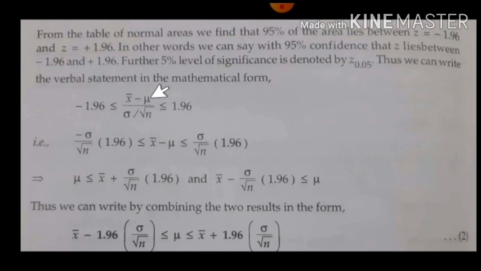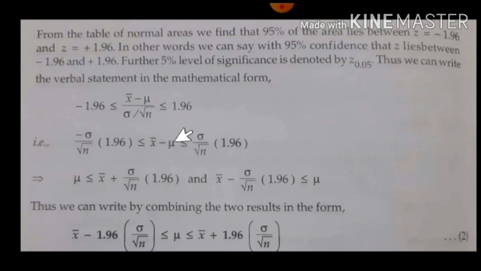Now I need to define it for mu. Mu is what? It is for the population, correct? So if I take this mu to the left side, it becomes plus mu. And bring this term here; when we multiplied we got this equation.